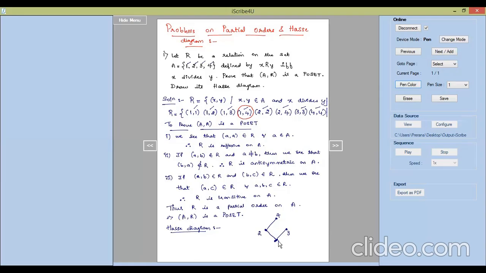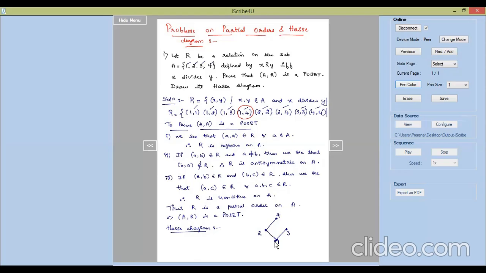Correct? See, when I have drawn 1 to 2, there is an edge. We always read the Hasse diagram from the bottom of the digraph. We do not show the arrows separately. So 1 to 2 there is an edge means it is obvious. 2, 1 we don't read the graph downward like this.